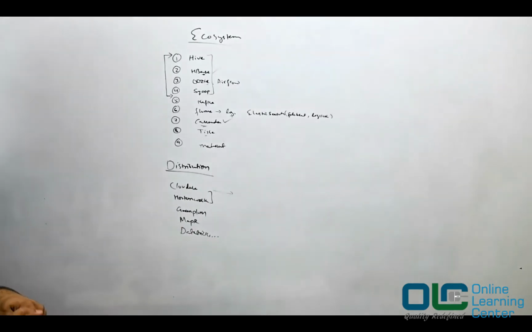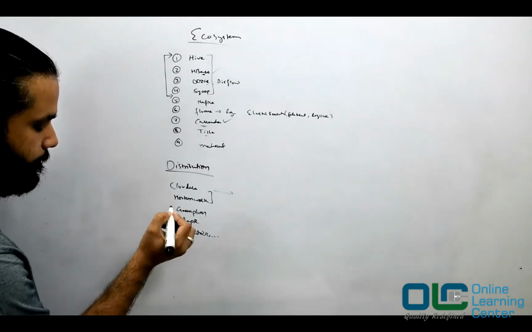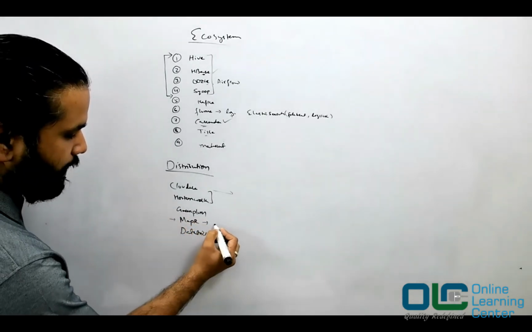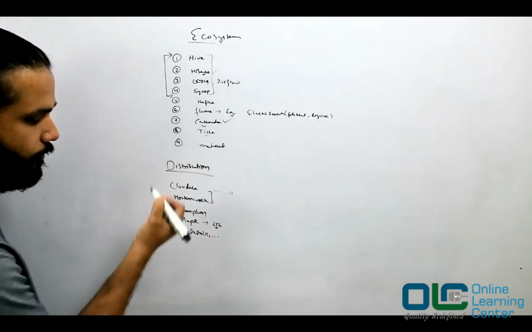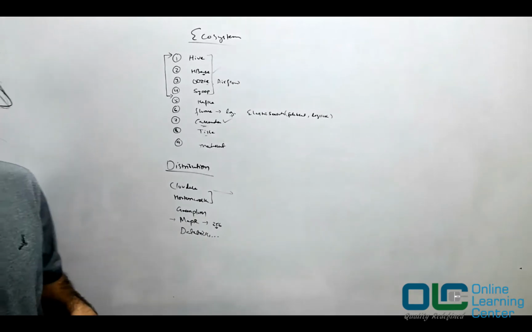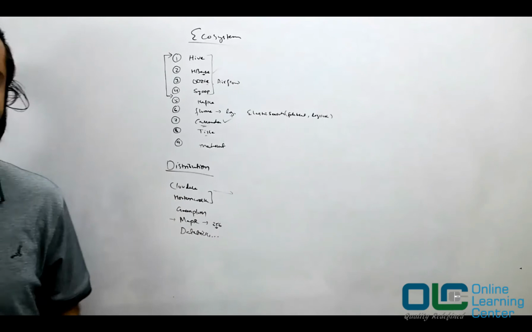For example, when I was working with MapR, by default MapR said my default block size would be 256, where the whole company was using 128, right? Something like that. So they have their own advantages and disadvantages.